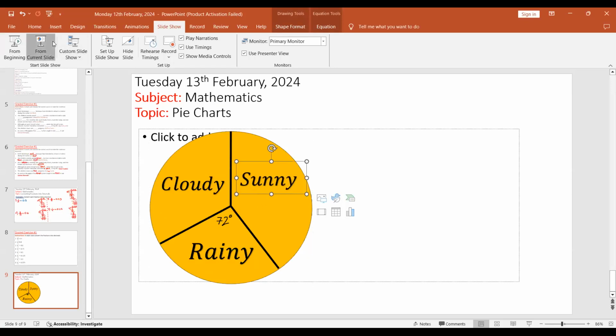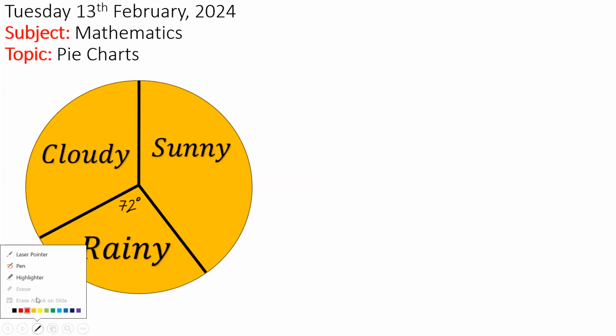Please make sure I draw this diagram. So for sunny, we have 168 degrees. And for cloudy, well, we don't know what the amount of degrees is for that. We just have it just like that.